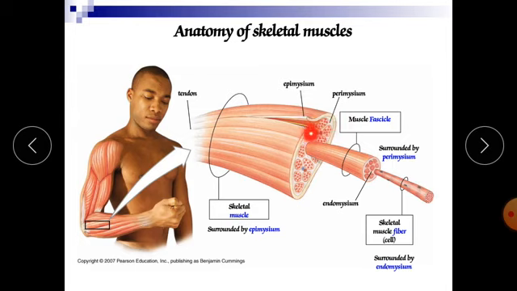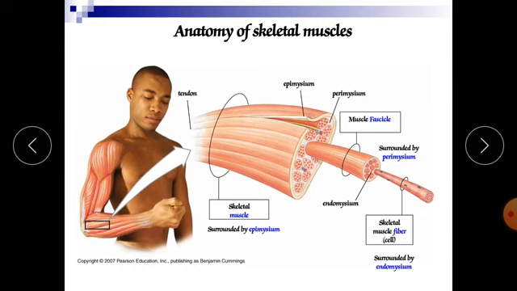What is perimysium? It is also a layer of dense irregular connective tissue, but it surrounds groups of 10 to 100 or more muscle fibers, separating them into bundles called fascicles. Many fascicles are large enough to be seen with the naked eye, so they give a cut of meat its characteristic grain.